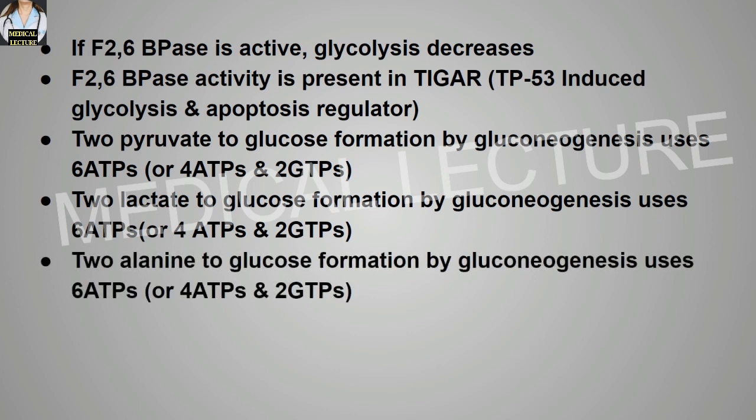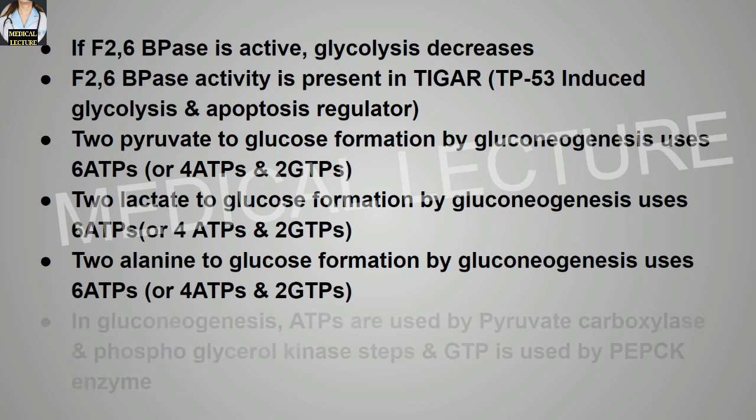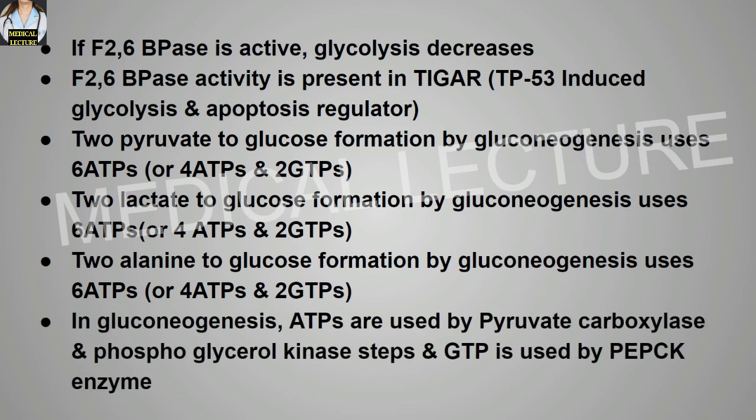Formation of 1 glucose from 2 alanine again uses 6 ATPs, that is, 4 ATPs and 2 GTPs. In gluconeogenesis, ATPs are used by pyruvate carboxylase and phosphoglycerate kinase steps, and GTP is used by PEPCK, the phosphoenolpyruvate carboxykinase enzyme.